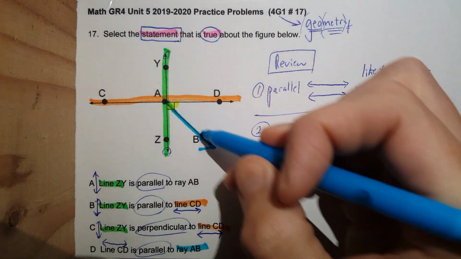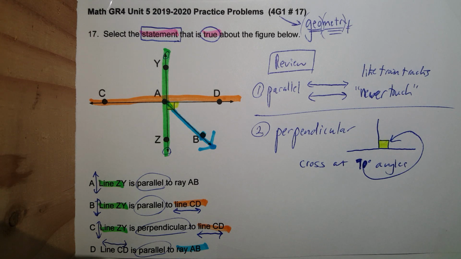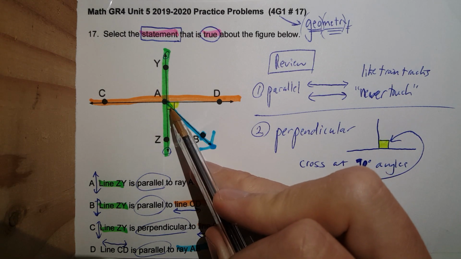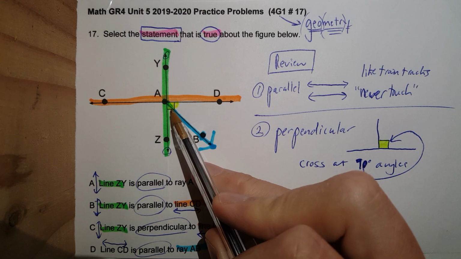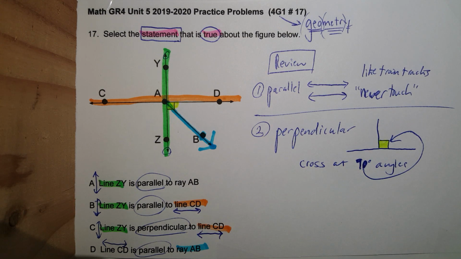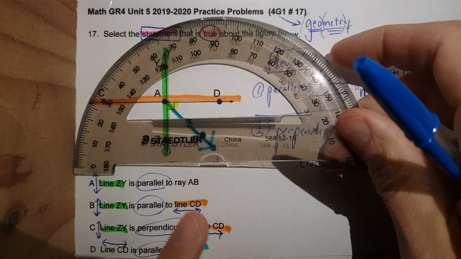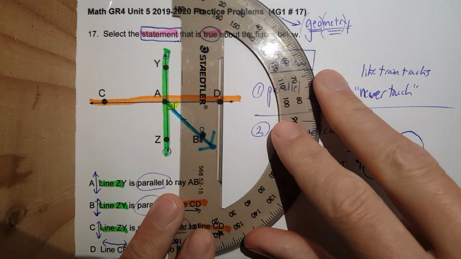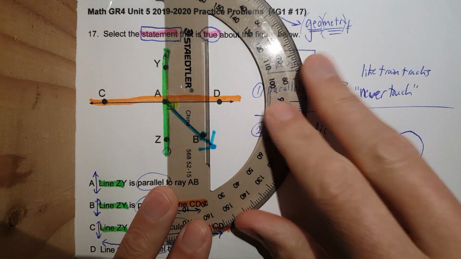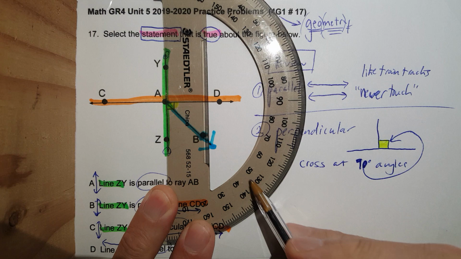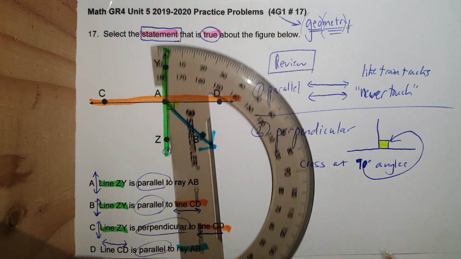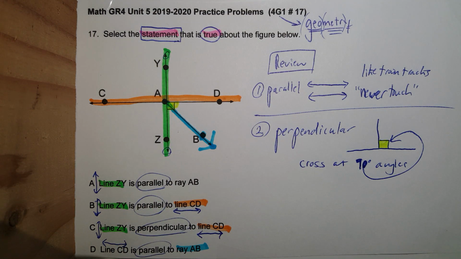Ray AB actually slices this 90-degree angle. It's probably 45 degrees. I would need to take out my protractor to make sure, and if I put my protractor on there, it comes out about 45 degrees. So that's something that's different.